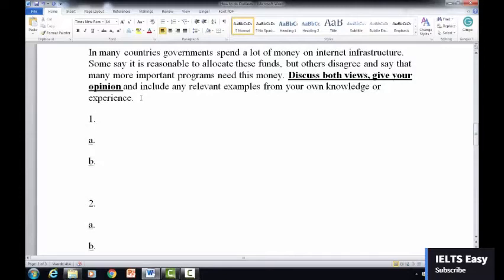So doing an outline here is really straightforward. Okay, what is our first side that we have to do? What's the first side we have to talk about? Spending on internet infrastructure is good. All right, what's the second side?